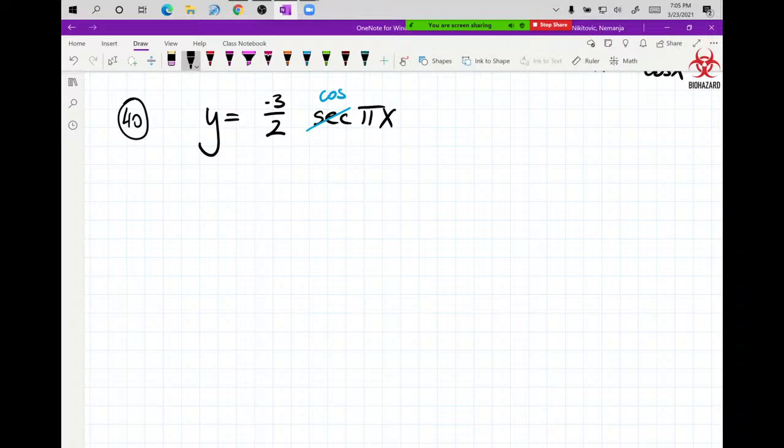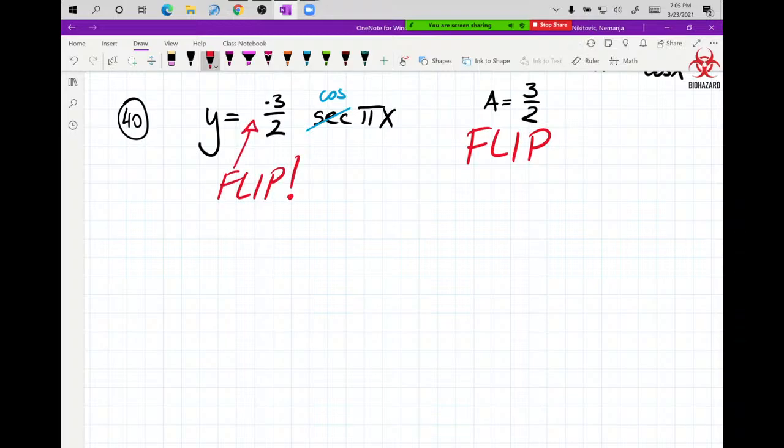So what do we have as specs? Well, a is negative 3/2. Well, sorry, not negative. A is 3/2. And then I'm going to put flip so I don't miss it. The reason I make sure is that sometimes you forget to look back and see if there was a minus there.